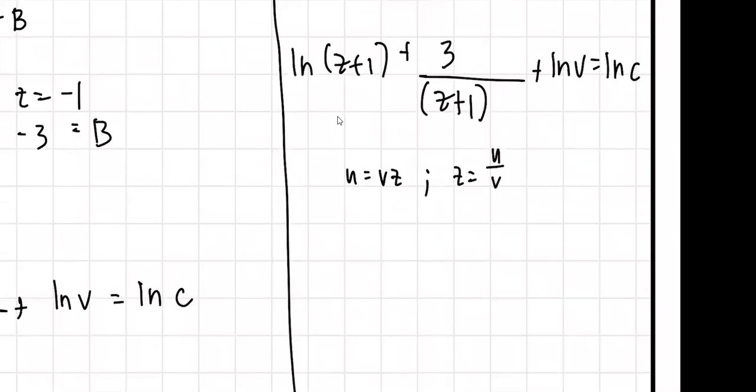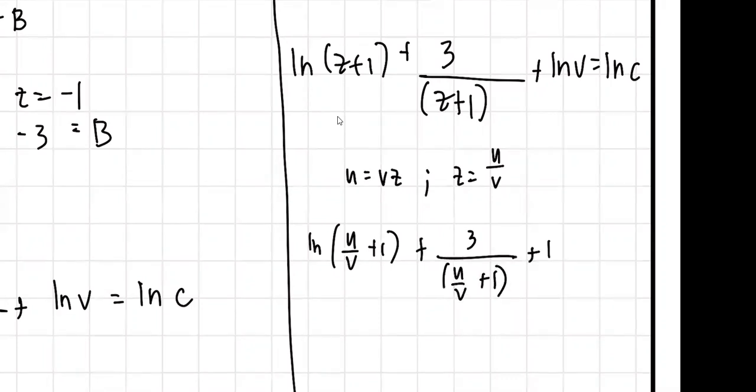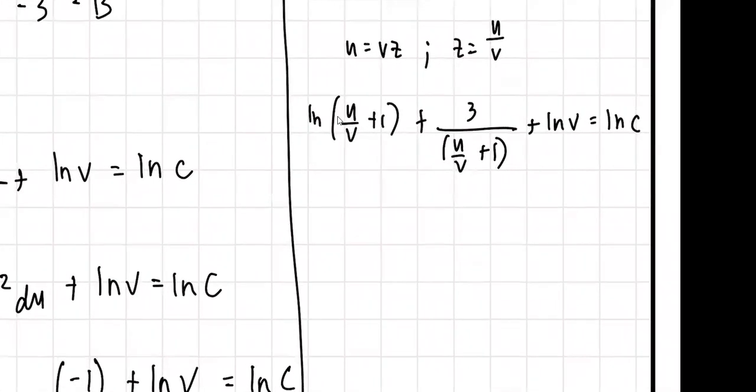Okay? So this will be ln u over v plus 1 plus 3 all over u over v plus 1 plus ln v is equals to ln c. Then kapag nakaganyan na yung form niya, pwedeng simplify natin.